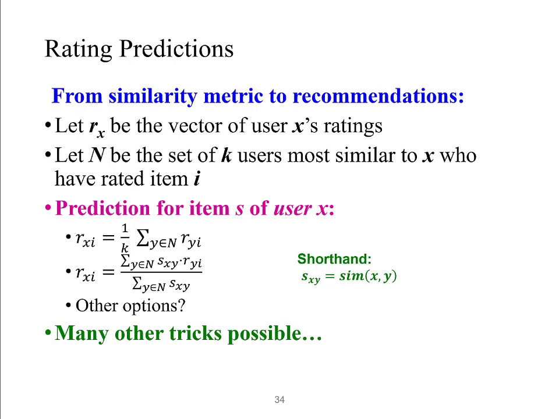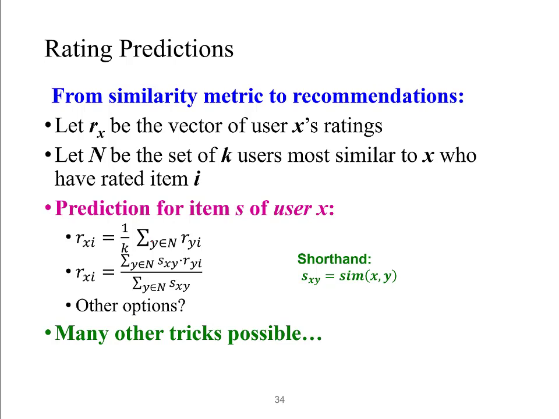Let Rx be the vector of user X's ratings, and let N be the set of K users most similar to X who have rated item I. Then we need to do the prediction for item I of user X. We can use the average or the mean of the ratings of item I among all the users in N, right?